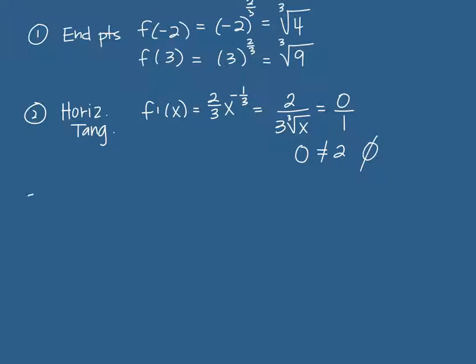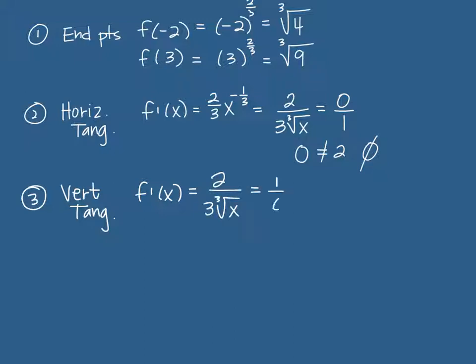And then the last step would be finding vertical tangents. So we'll go back to our derivative, f prime of x, 2 over 3 cube root x. We'll set it equal to 1 over 0. This time when I cross multiply, I get 3 cube root x equals 0.